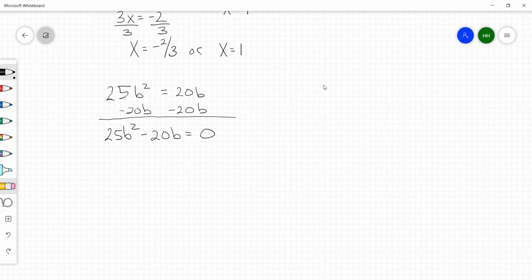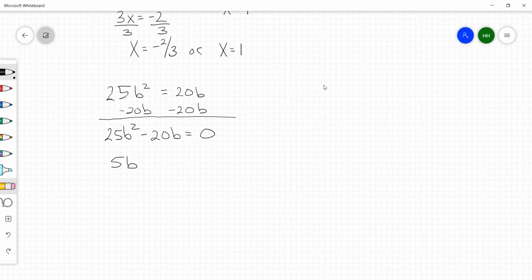So now it's not a trinomial, it's a binomial. And you can factor this by pulling out the greatest common factor. So the greatest common factor of 25 and 20 is 5. And the greatest factor of b squared and b is b.